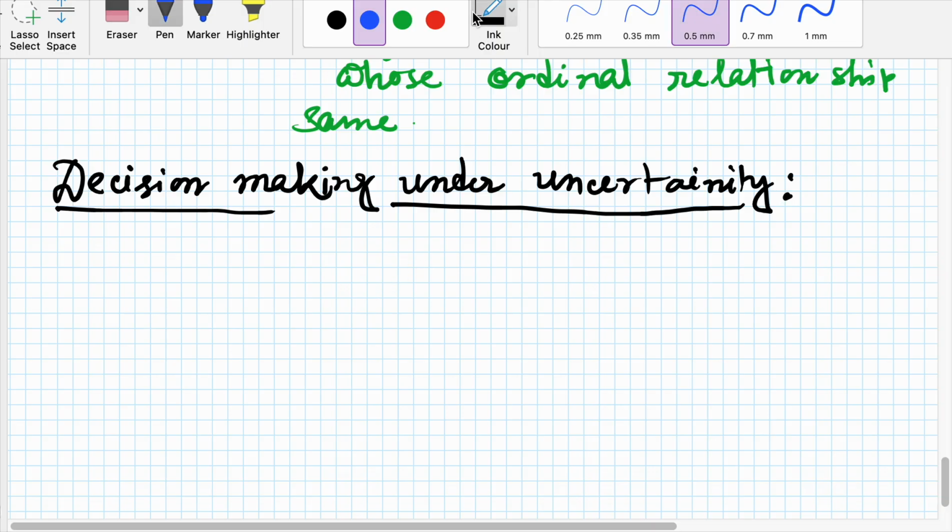As we know, game theory is nothing but a model of strategic interaction.